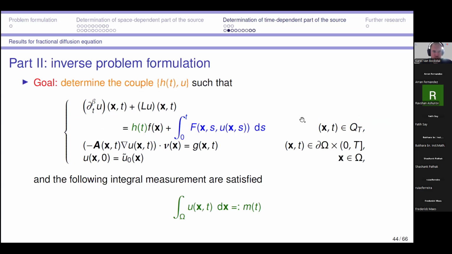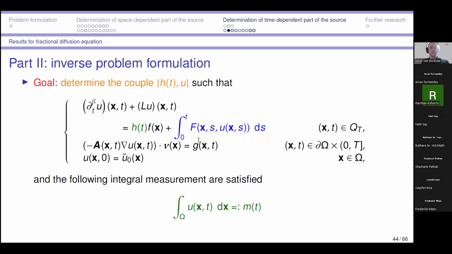So what is the problem we have studied? It is the following one. We want to determine the time-dependent part of the source. We consider the integral measurement on the complete domain omega, so this is maybe the first restriction we have to make. This measurement is denoted by m of t.